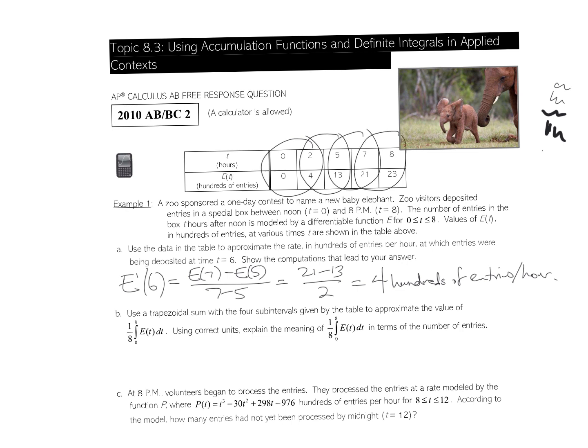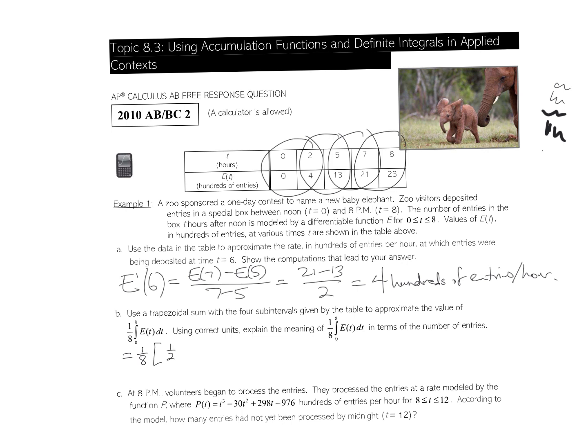All right, so we can do 1/8, and the formula for trapezoid is 1/2 base 1 plus base 2 times the width.